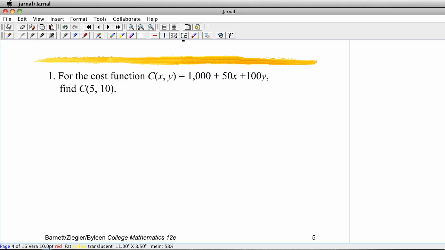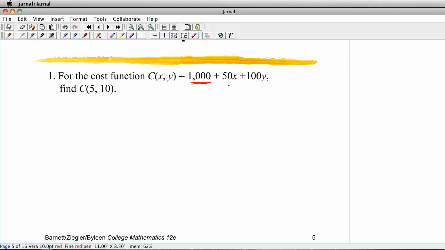So here's an example of a cost function, and this is exactly what would happen if you had maybe a manufacturing facility where you have 2 pieces of independent information that determine your cost, and that happens normally when you would have maybe 2 different products that you build. So maybe $1,000 are your fixed costs; that's the rent you're paying on your building and the salaries you pay.